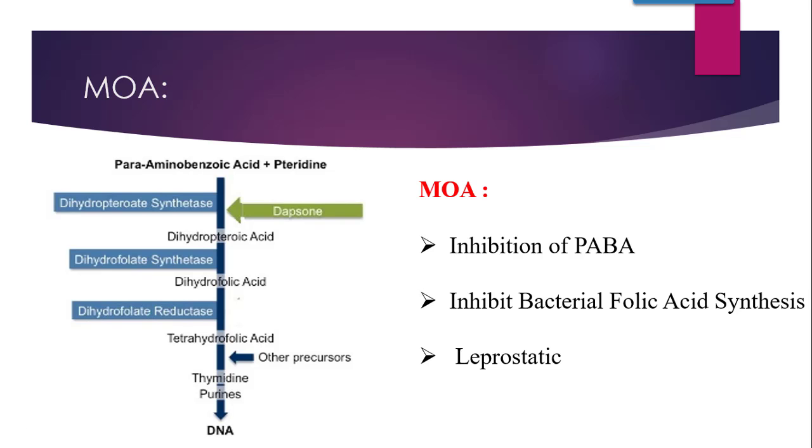First it will form dihydropteroic acid, then DHFA, that is dihydrofolic acid, then THFA, that is tetrahydrofolic acid, and with the help of other precursors, the thymidines and purines, these are the bases which are required for DNA. So DNA synthesis goes sequentially with the help of some enzymes.